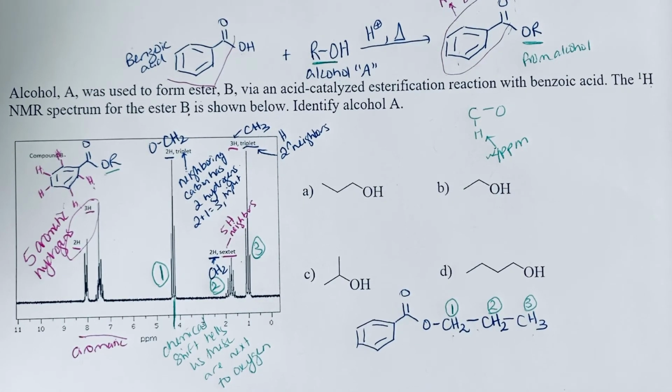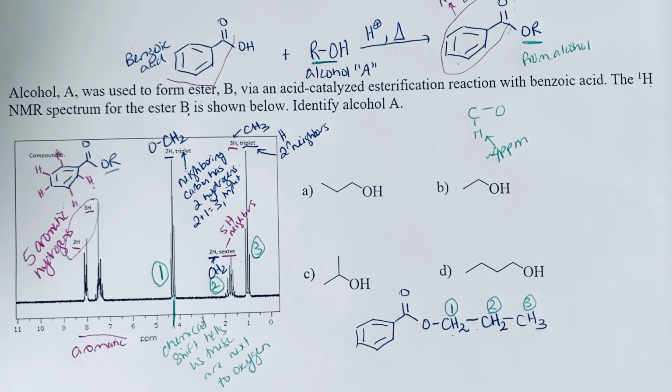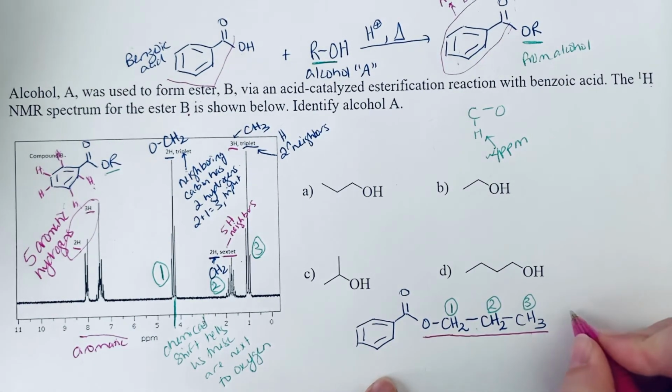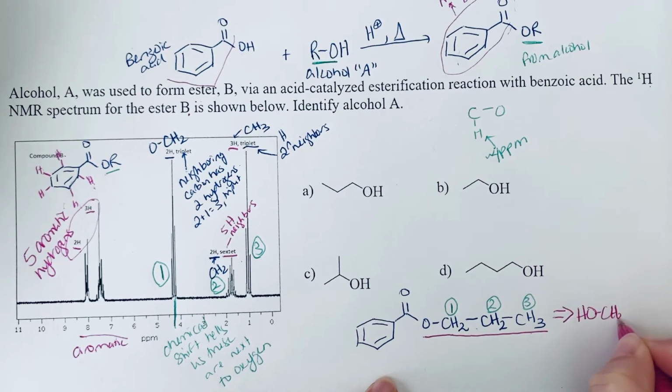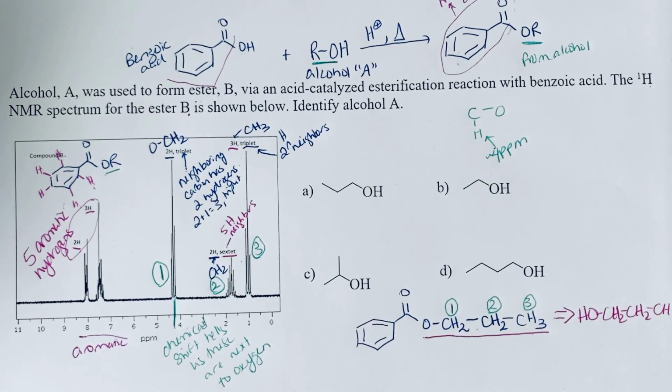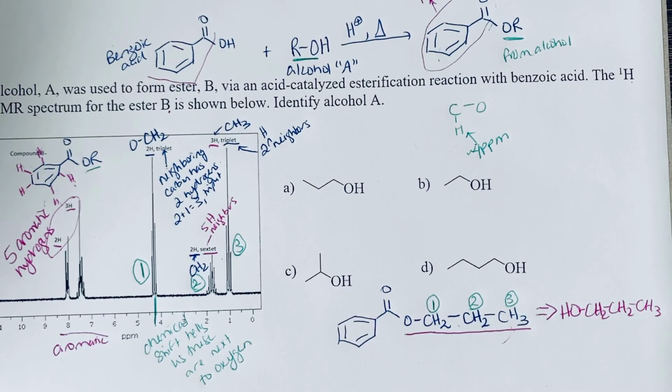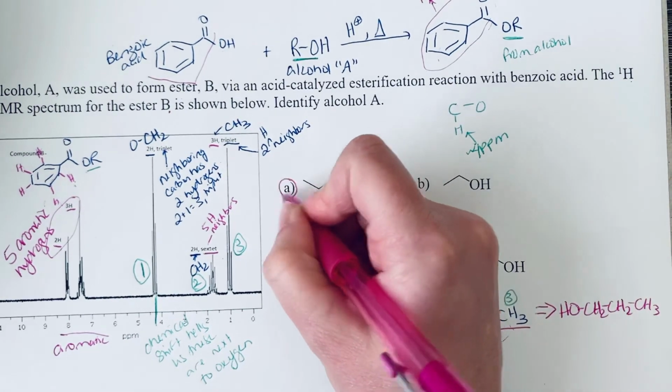From this, I can ask what the structure of my alcohol was. I know that this portion came from the alcohol. So that means my alcohol was the straight chain propanol. This must have been my alcohol in order to get this structure for an ester. And so that means that the answer here is A.